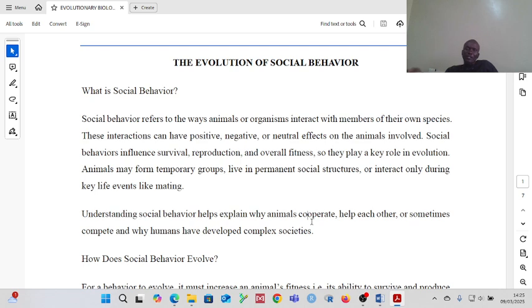So in a way, when we explore the social behavior among organisms, it will help us explain why, for example, animals or organisms cooperate, why they help each other, and sometimes why they compete.